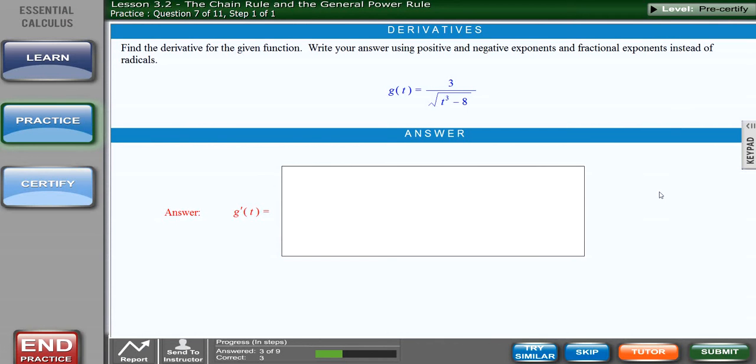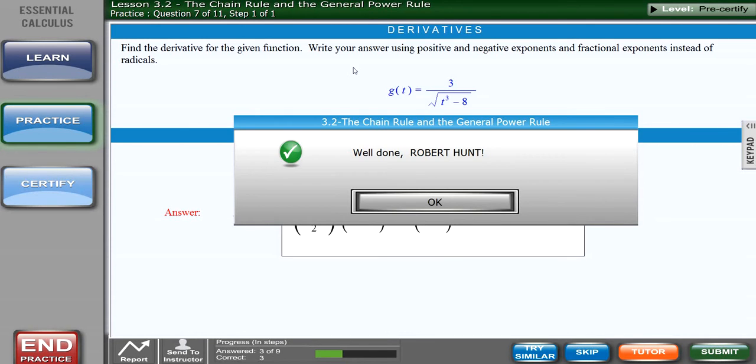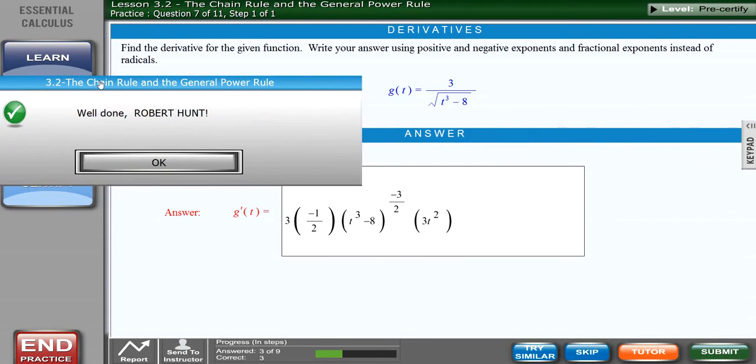Again, don't simplify. 3 times negative 1/2 times t cubed minus 8 to the negative 3/2 times 3t squared. There it is.